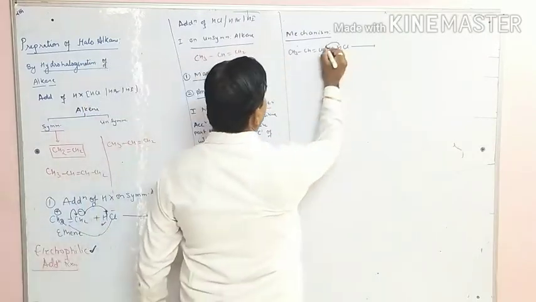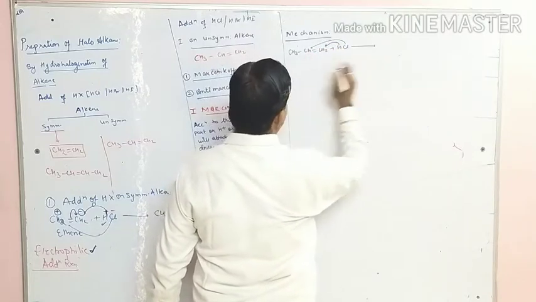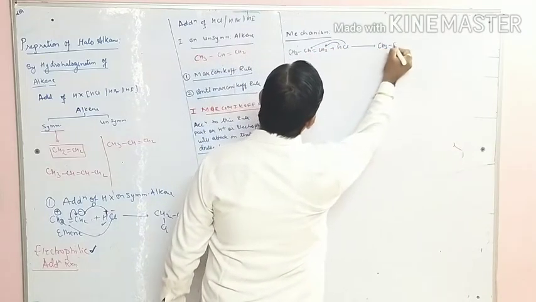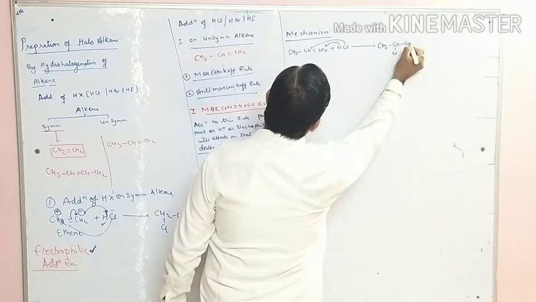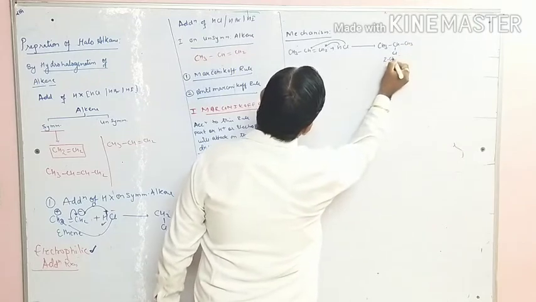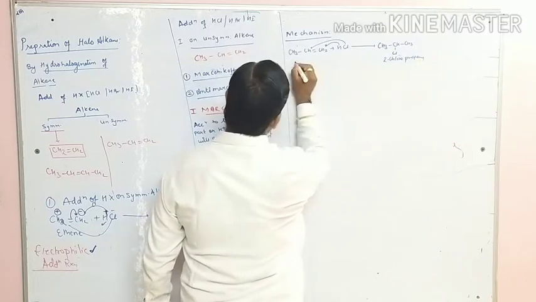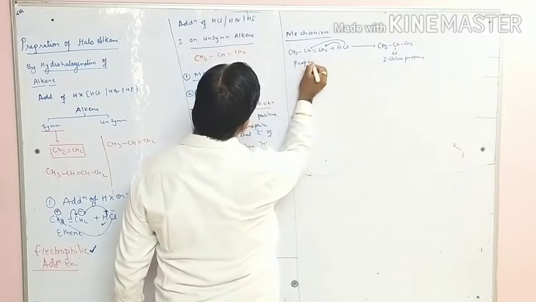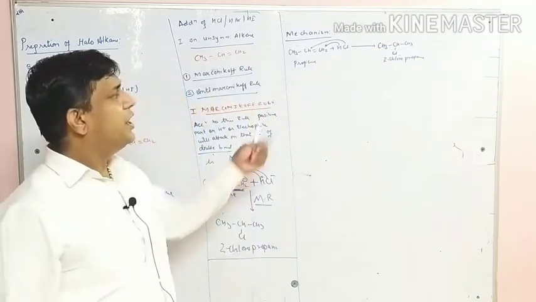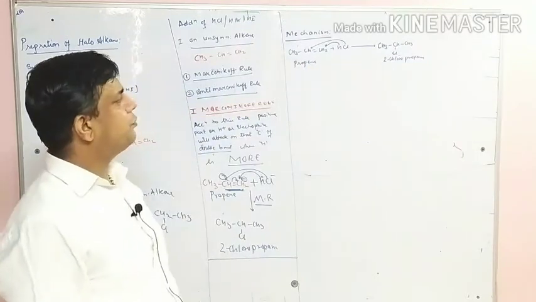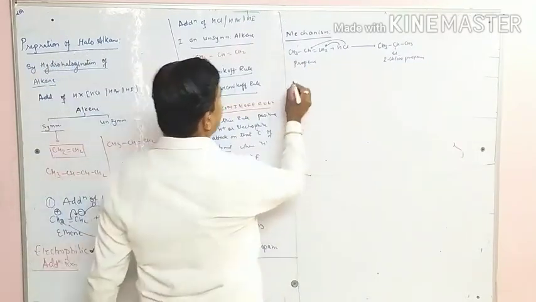So H will go here, Cl goes here. The product is Cl and the CH3. Keep in mind, students, whenever you write a reaction, always write the names of the organic compounds, what you are given and what you are preparing. So propene is converting into 2-chloropropane.